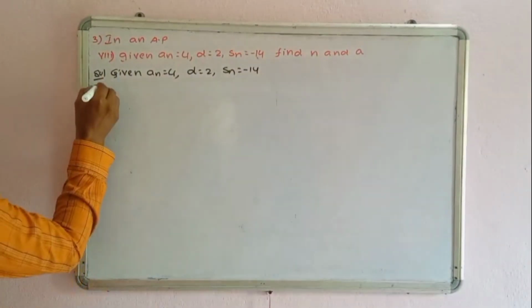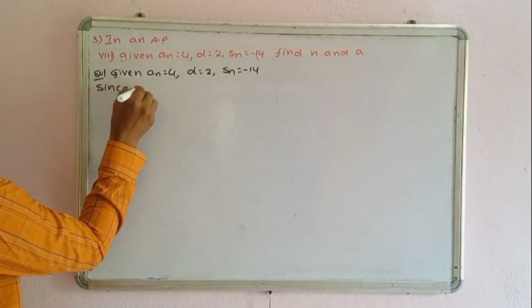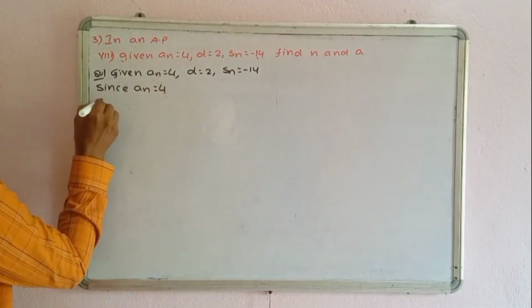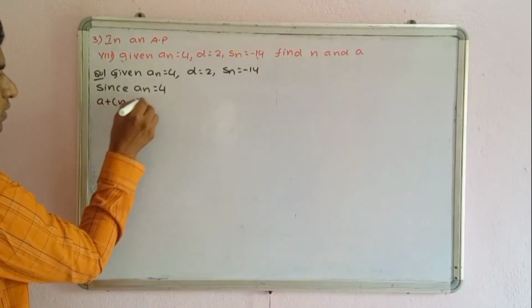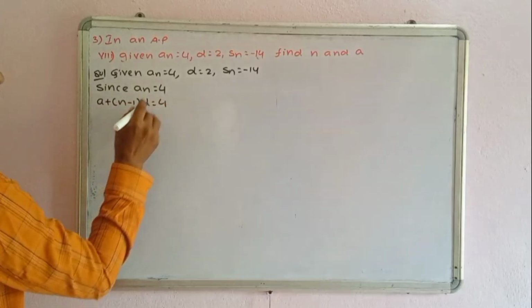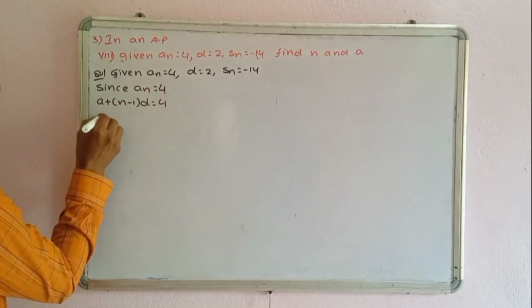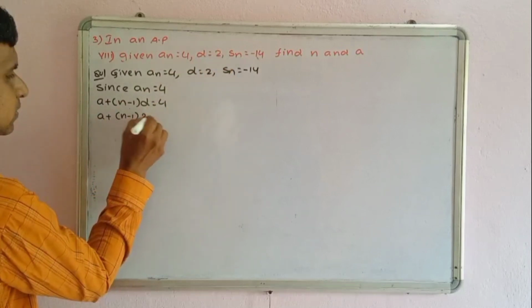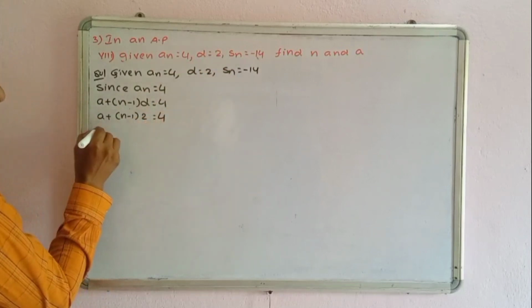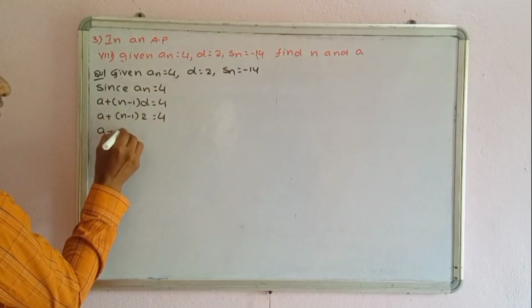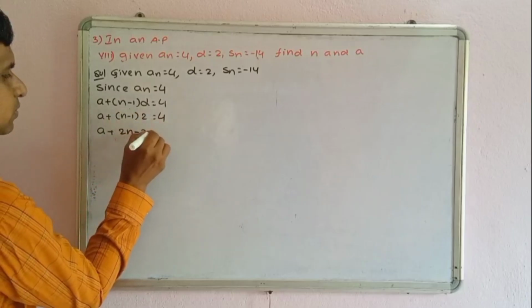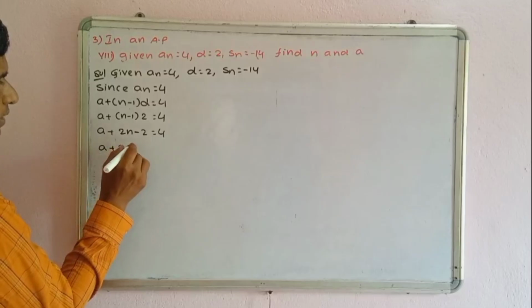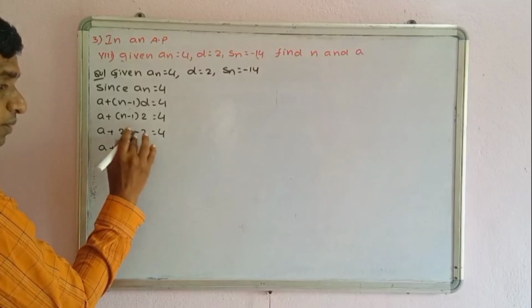Since a_n equals to 4, what is the formula of a_n? a plus n minus 1 into d equals to 4. We don't know the value of a also. a plus n minus 1, d value 2 equals to 4. a plus 2 times of n, 2n, 2 times of 1, 2 equals to 4. So a plus 2n minus 2 equal to 4.